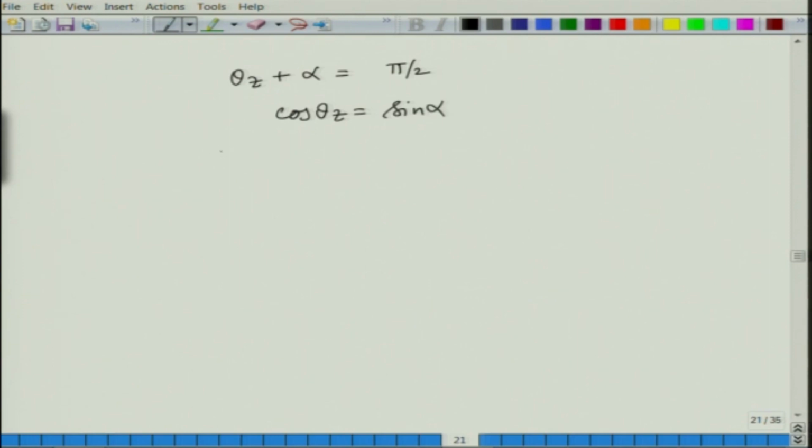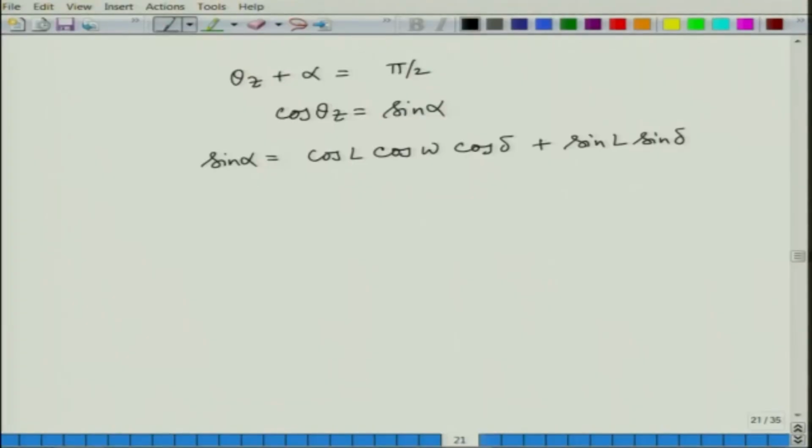And if that is the case, then you can write sin alpha equal to cos L cos omega cos delta plus sin L sin delta. Okay. So, both the altitude angle and zenith angle you can obtain by this formula. So, this is very straightforward, but very important relationship.